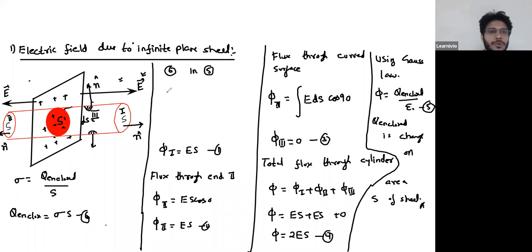If we substitute 6 in 5, then your 5 will be sigma S over epsilon naught. So this is equation number 7.